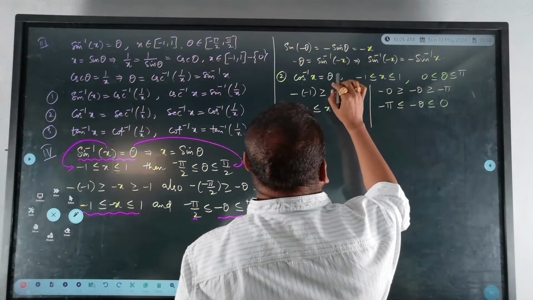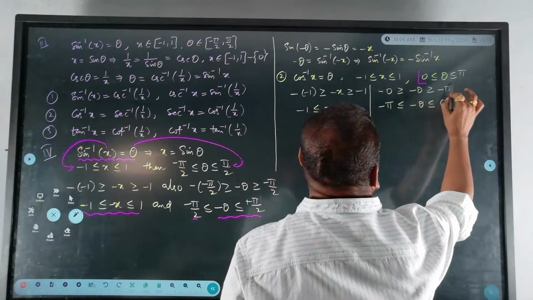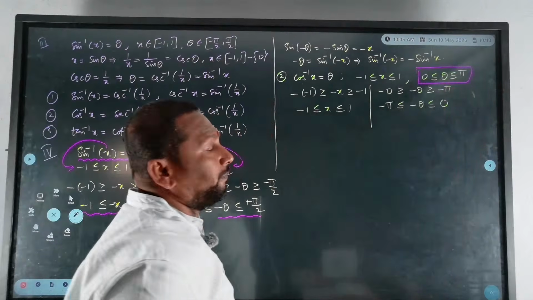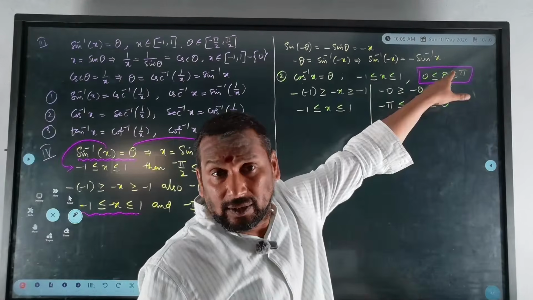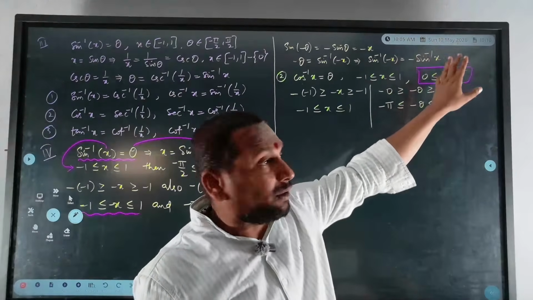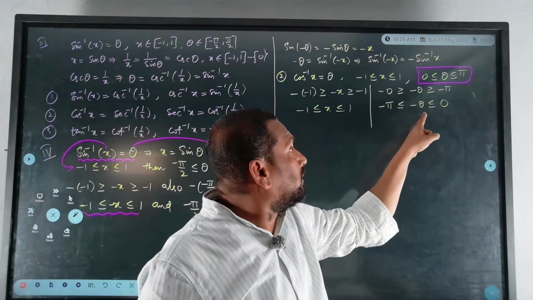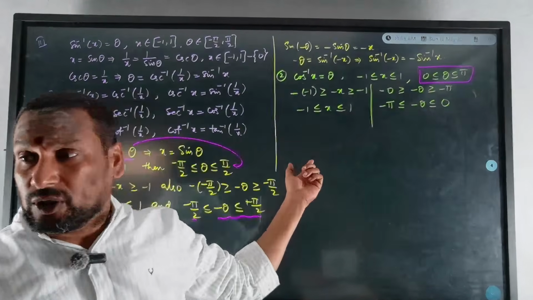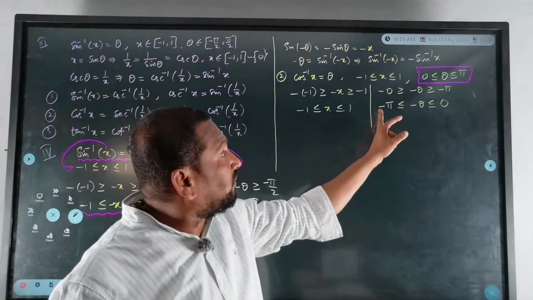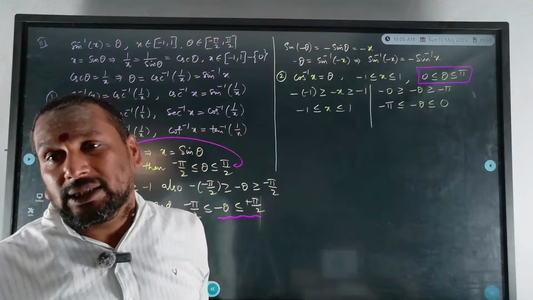But cos inverse must lie between 0 and pi. Whatever the angle in the place of theta, whether it is theta or alpha, minus theta also must be from 0 to pi, but here minus theta is from minus pi to 0. It is not possible.